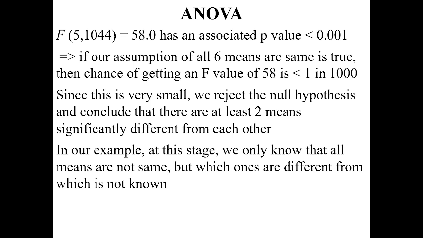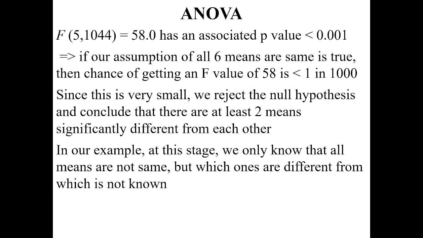P less than 0.001 implies that if our assumption that all 6 FEF means are the same is true, then the chance of getting an F value of 58 is less than 1 in 1000. But this probability being very small, you cannot doubt this probability; what you can only doubt is the null hypothesis. So you may doubt it.